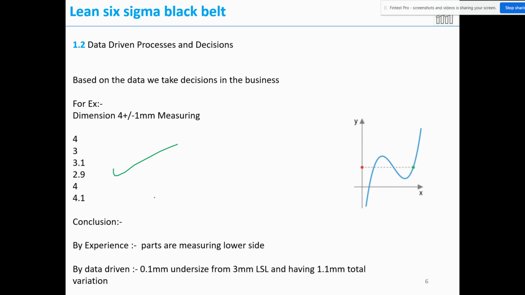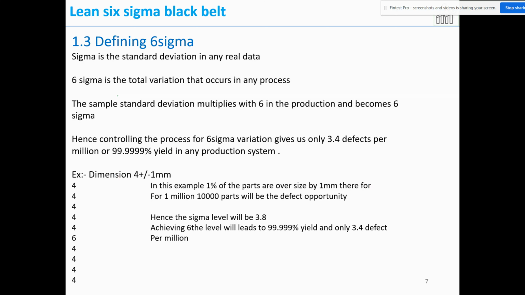That is the beauty of data driven process. If you tell things by experience, that is okay, it gives a rough conclusion, but it is not the permanent thing. When we say in terms of data, that is a realistic analysis that we can do on any process or product. So next we'll see defining Six Sigma.